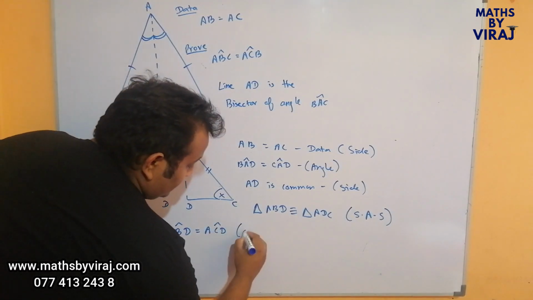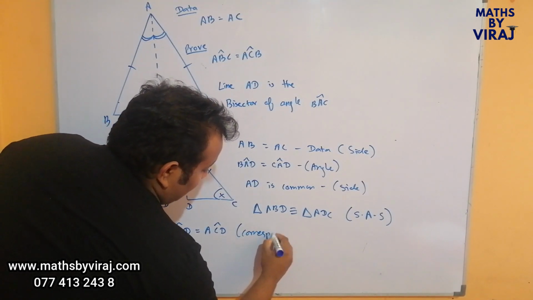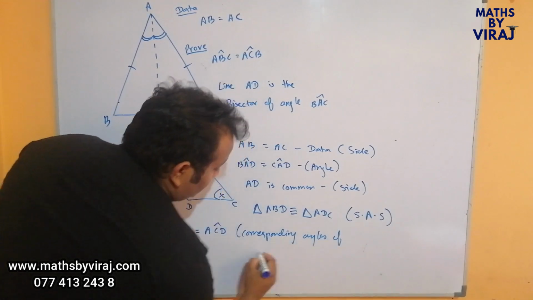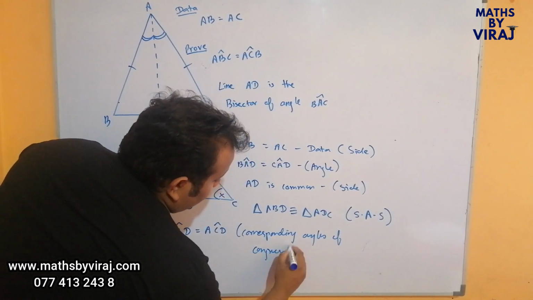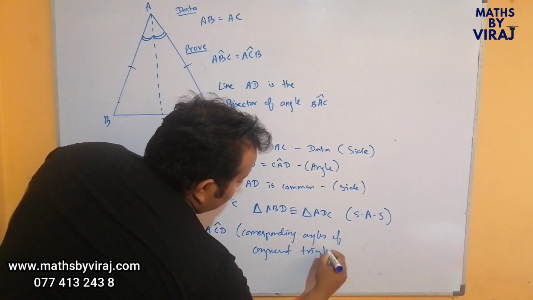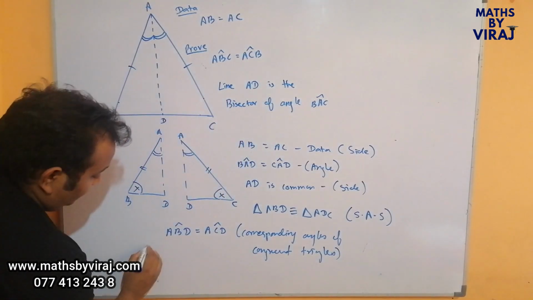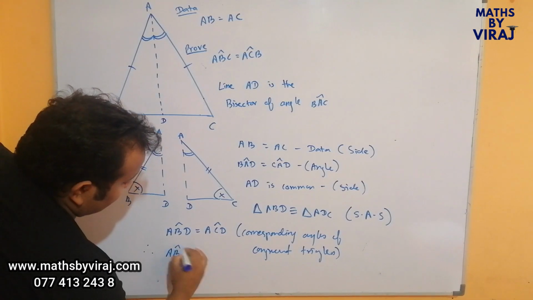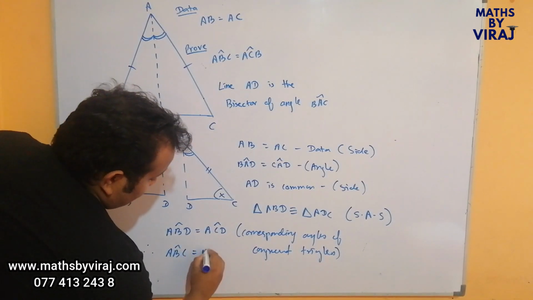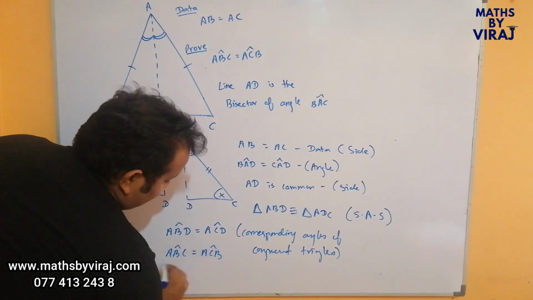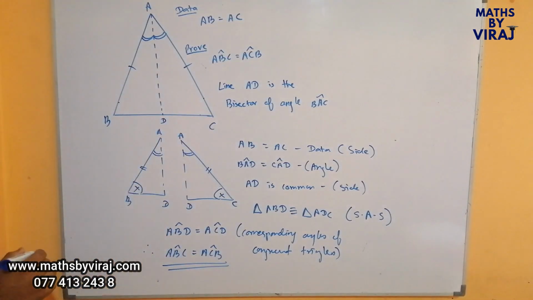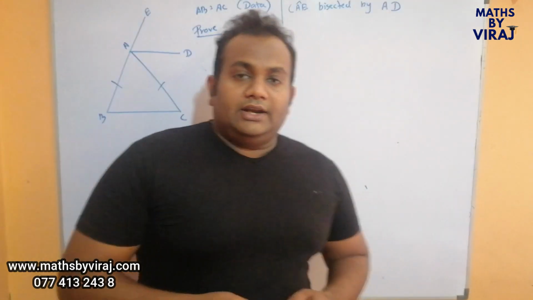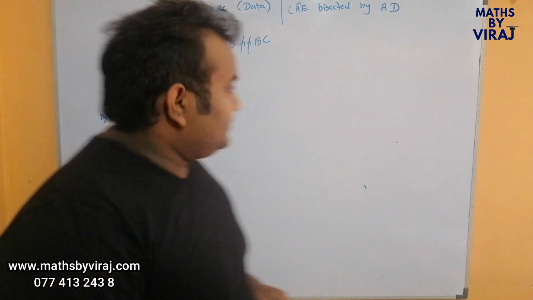They are corresponding angles of congruent triangles. Therefore, I can say that angle ABC is equal to angle ACB. So, we have proved what they have asked us to prove. Very simple.